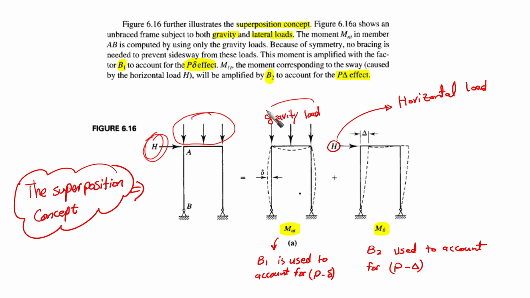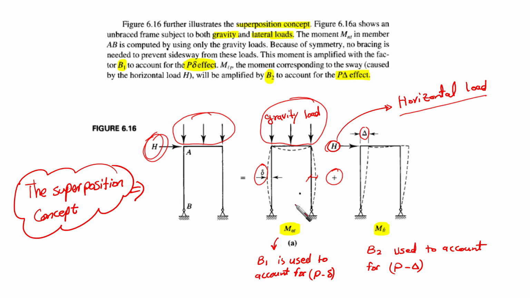One has only gravity loads, and these gravity loads and the system should be symmetric, so that there is no lateral displacement at all at the ends of the columns or the beam columns. Under these gravity loads, we are expecting small delta to take place, which is the local effect. Plus another system, which is the same system without gravity loading, but with only the horizontal loading, and it would make the large delta, or the uppercase delta, which is the global effect.